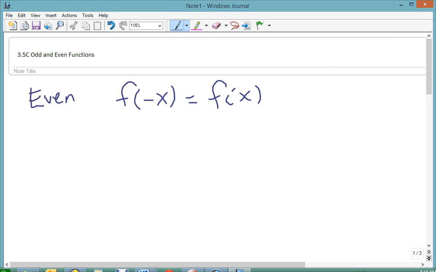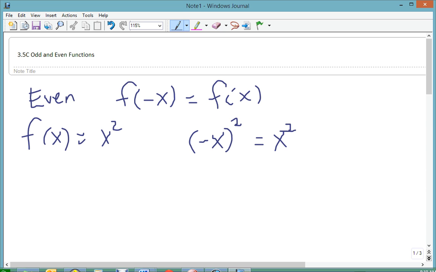One of our basic library of functions, the square function, looks like this, right? Well, if I plug in negative x into that, I have that negative squared, right? It's the same thing as x squared. So this is an even function because it's the same.